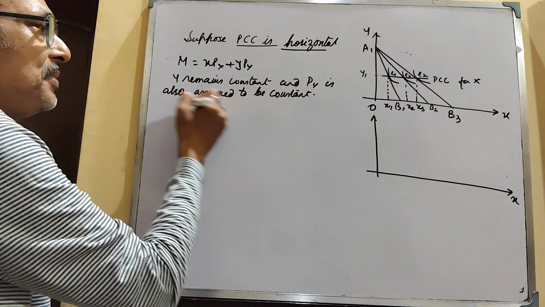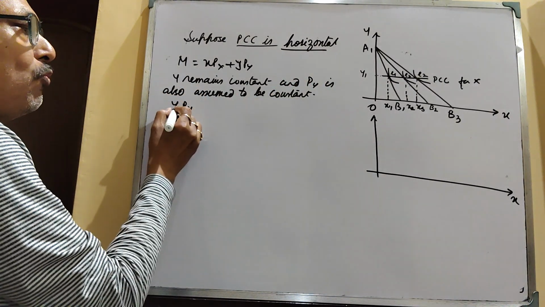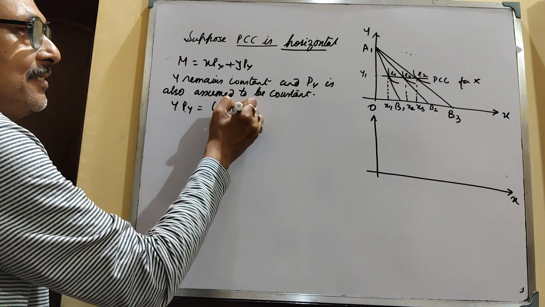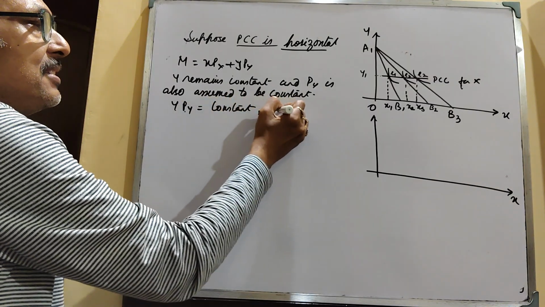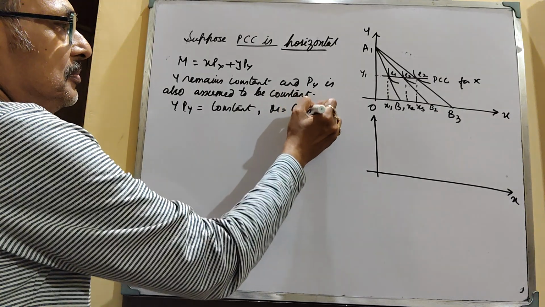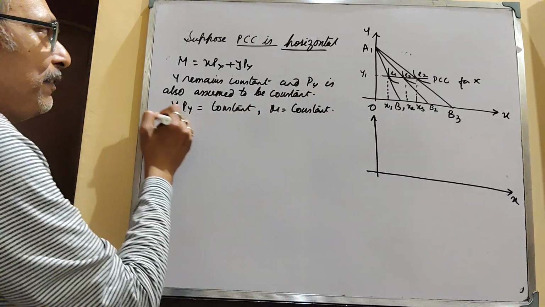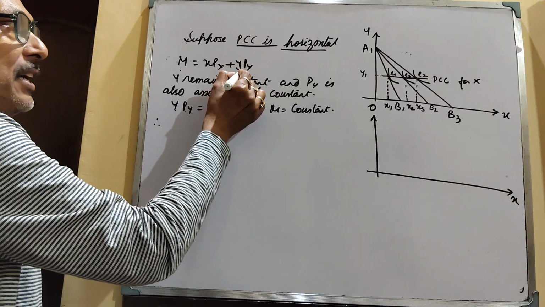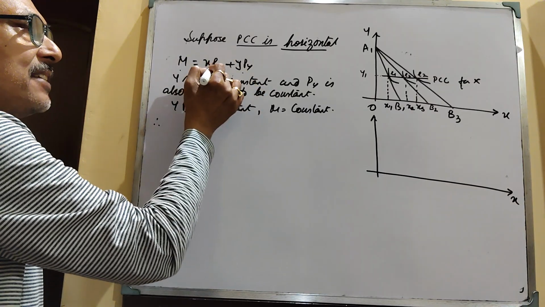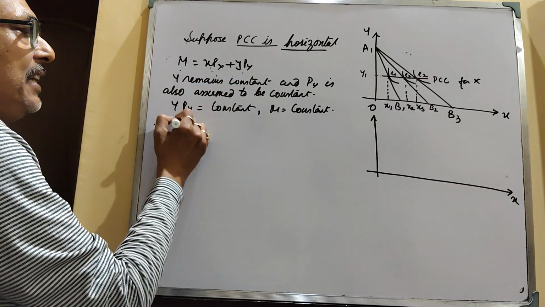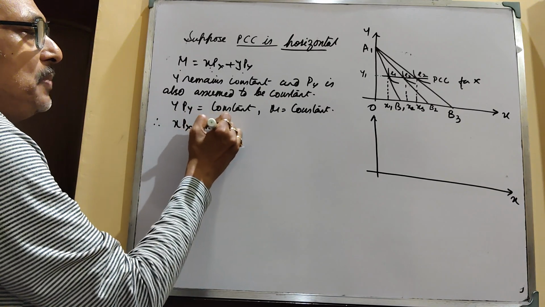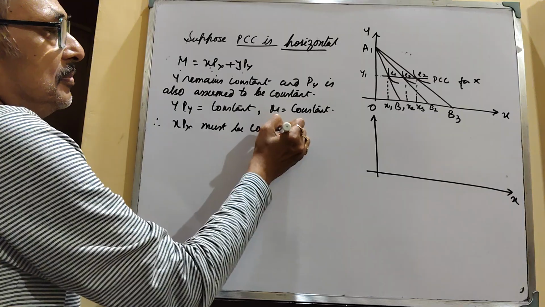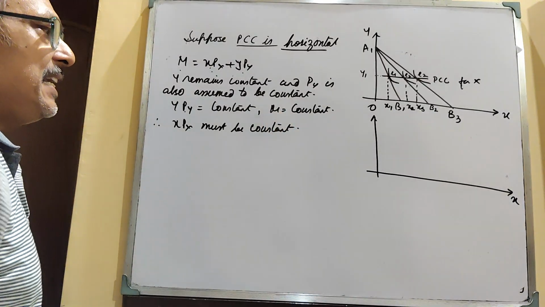What does it mean? Y is constant, Py is constant, so ypy is also constant. Now M is constant. Therefore, M is constant, ypy is constant, therefore xpx must be constant.